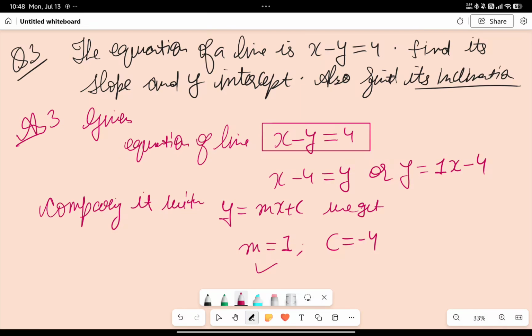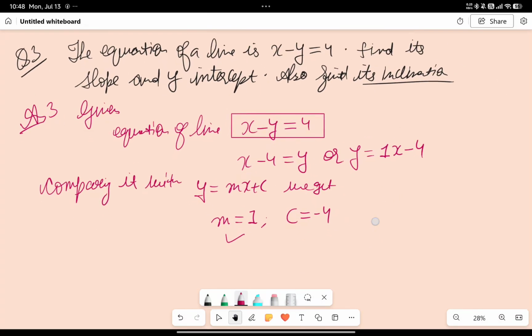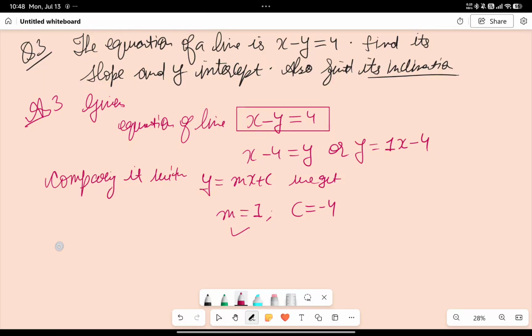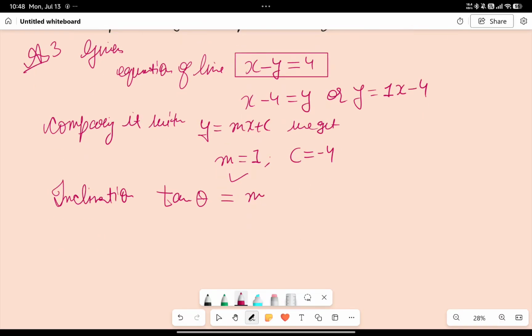Now let us find the inclination. Tan theta is equal to m. So we write tan theta equal to 1, then tan theta equal to tan 45.